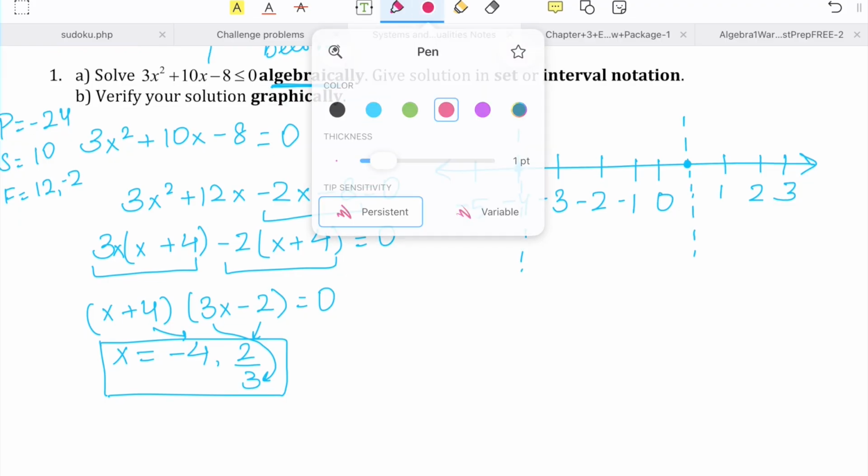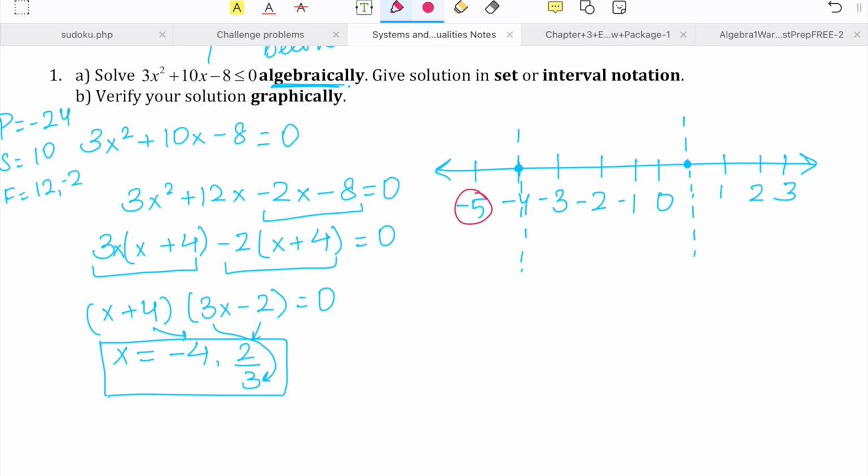I'm going to take my test points now. Let's take -5 over here. x is equal to -5. Put it in the original function. So you have 3 times (-5) squared plus 10 times -5 minus 8.